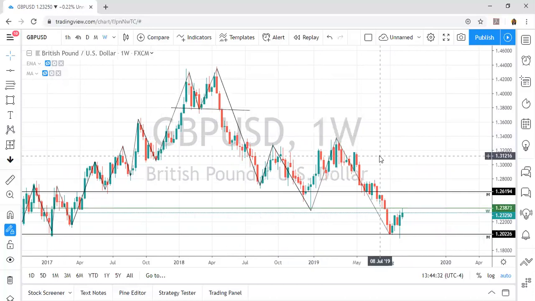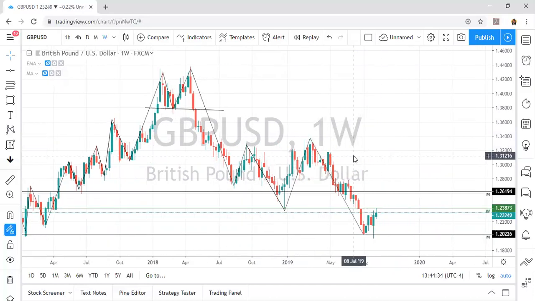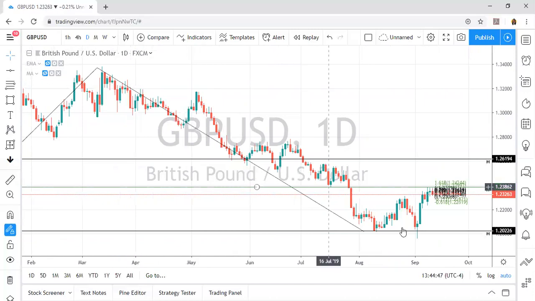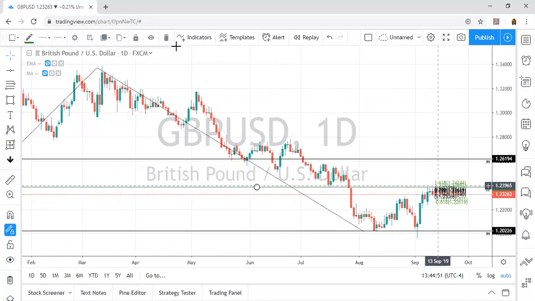So now that I have that marked, what I'm going to do now is go to my smaller time frames. So next one will be the daily. I'm just going to keep my lines overall on there. I can hide them if I want to create newer lines.